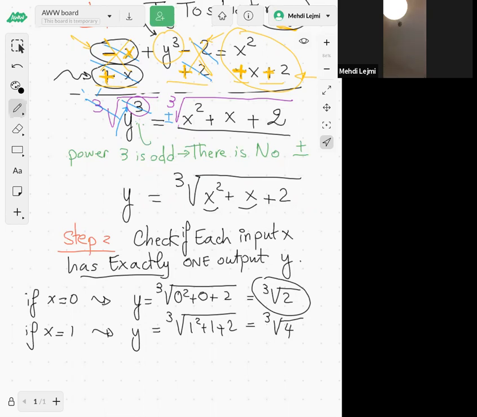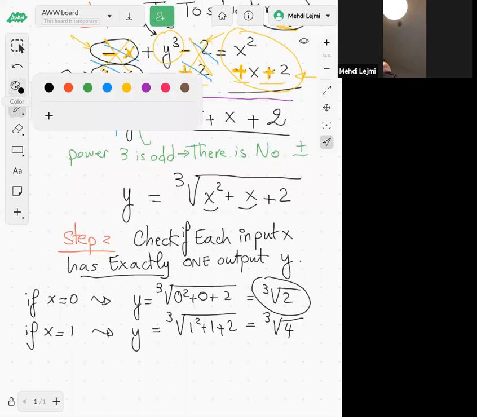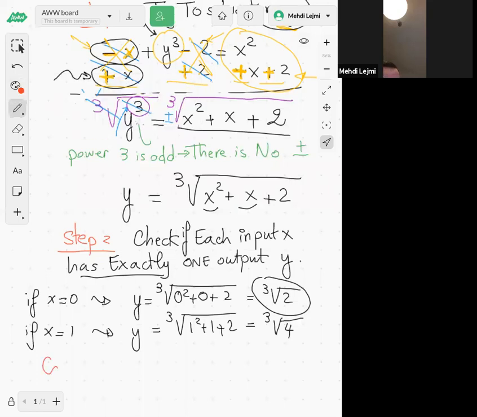And so the conclusion is that this equation represents a function. You see the main difference from the previous example is that there was no plus or minus here, and because of that, each input x corresponds to exactly one output y.